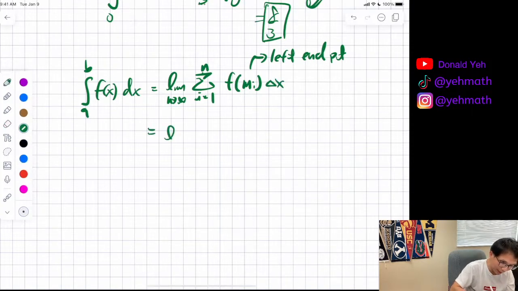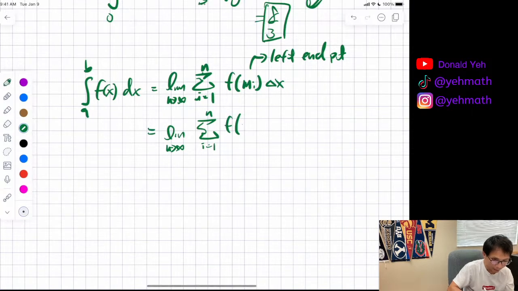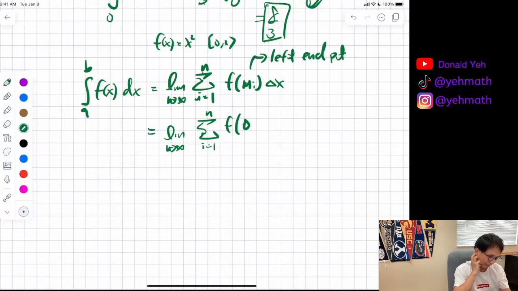Now, with that being said, can I say it is the limit as n approaches infinity of the summation from i equal to 1 to n of f? In this case, f of x is equal to x squared between 0 and 2. So that means it's 0. Does that make sense? Plus, now, it's going to be i minus 1.